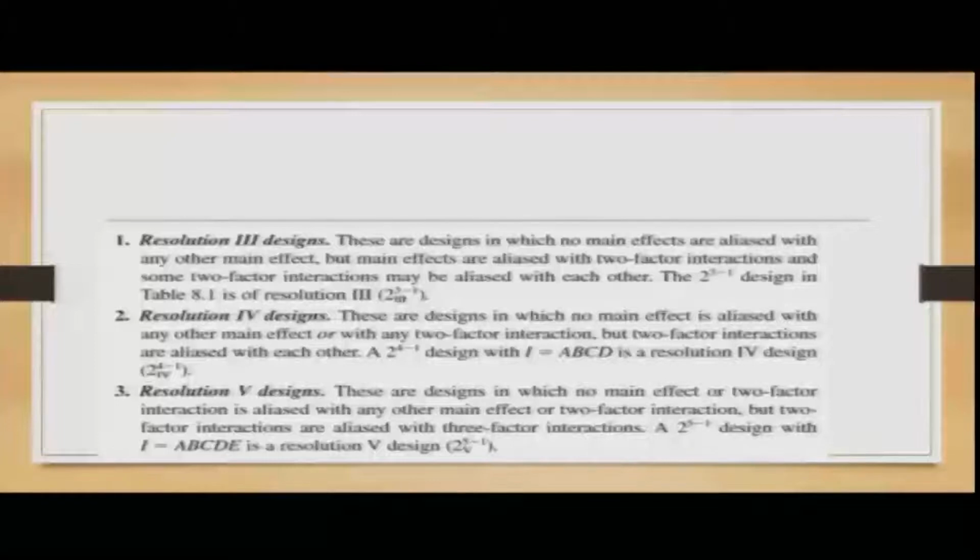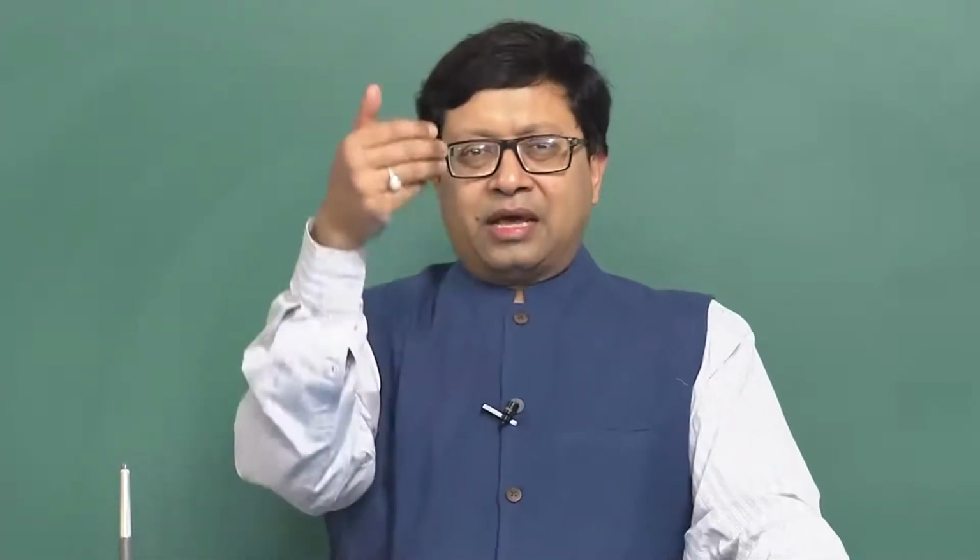Obviously, in that case the subscript notation would be 2 to the power 4 minus 1 with suffix 4. The 4 minus 1 gives you the number of combinations you are doing, and the subscript is the Roman number 4, such that it mimics to what level of significance you want the experimenter to find out the resolution.